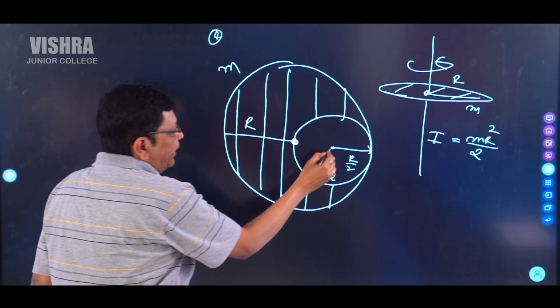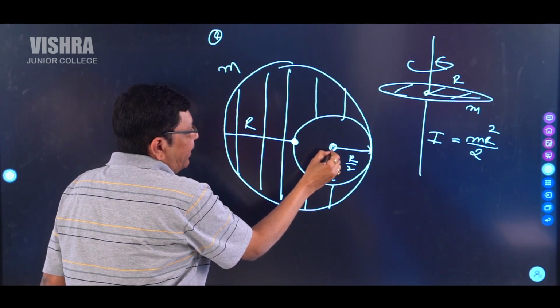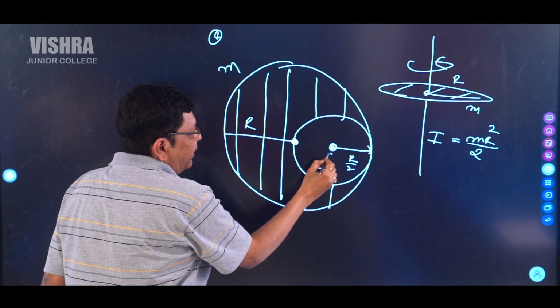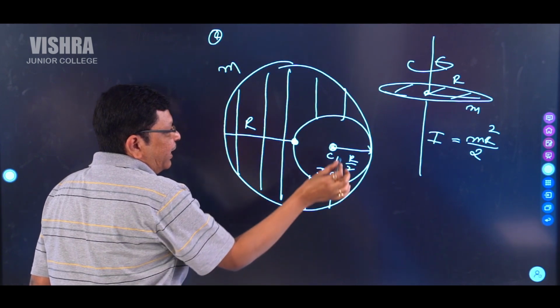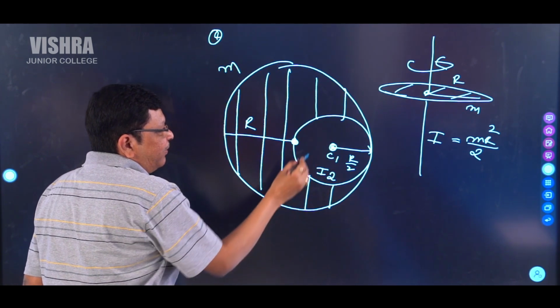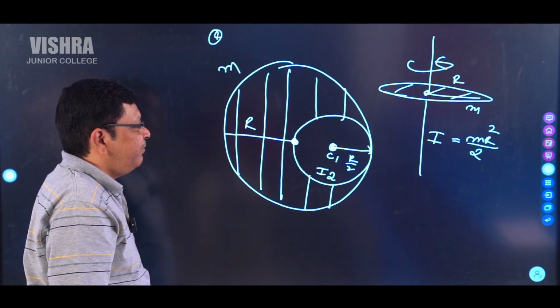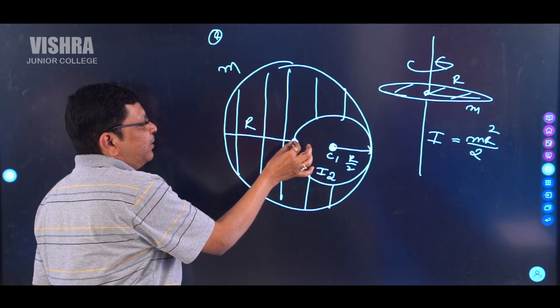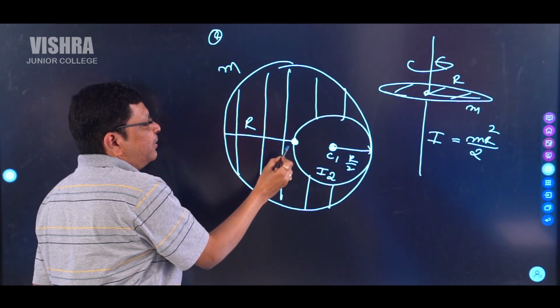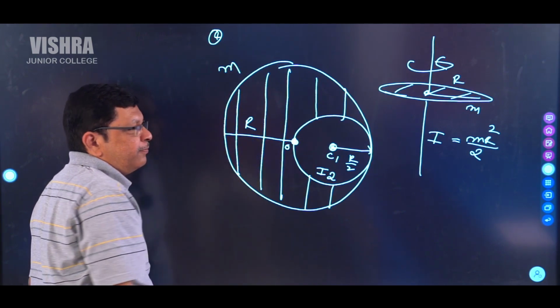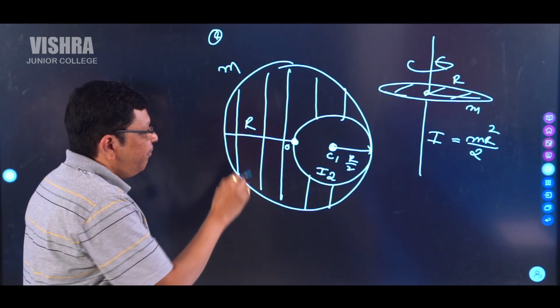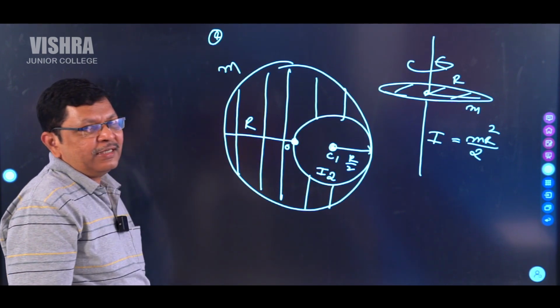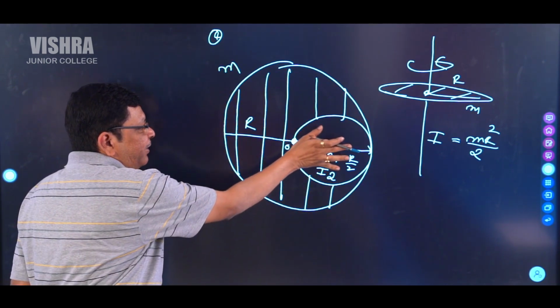How to calculate I2? Here the cavity center, if I imagine it as C1, then about the axis passing through C1, we have to calculate the cavity moment of inertia. Then using the parallel axis theorem, I will shift the moment of inertia of the cavity about the original center of the disc O. So for this, we have to calculate the mass of the disc which will fill the cavity portion.